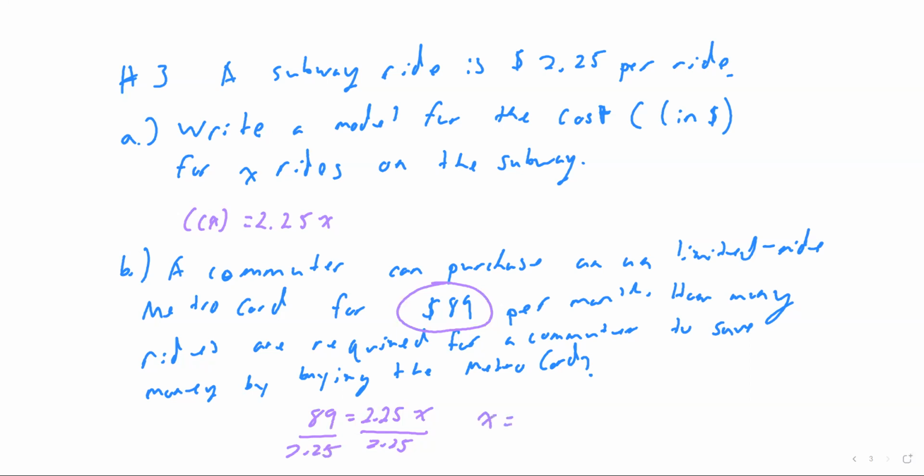And what does 89 divided by 2.25 give me? Ooh. You said the answer was 9? 89 divided by 2.25 is 39.5 repeating.